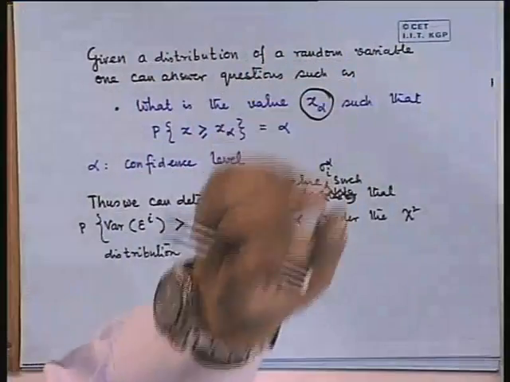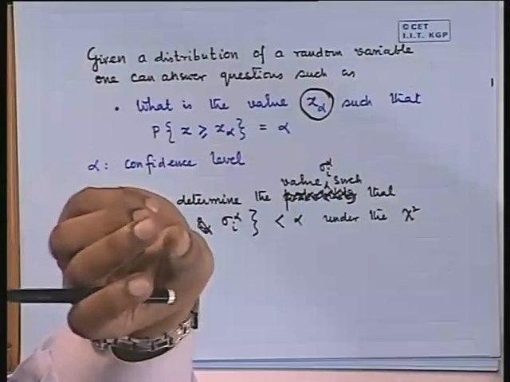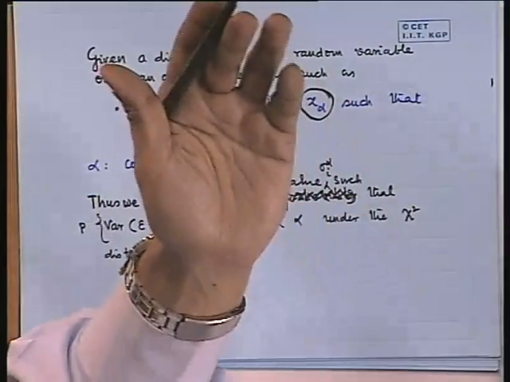And if that probability falls too low, if that probability becomes less than 10%, then you say that no, this hypothesis is wrong, because the chi-square distribution is calculated under that hypothesis. So this hypothesis led to a chi-square distribution which cannot generate this kind of a variance when the probability is too low. So my hypothesis is wrong. This is the kind of approach that you take.